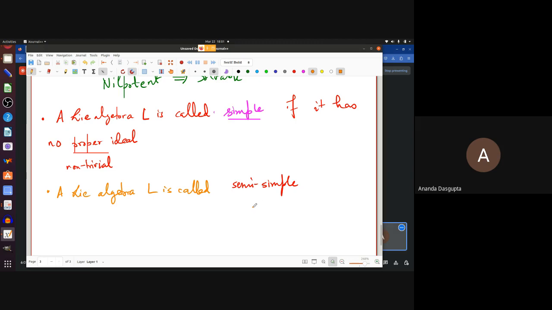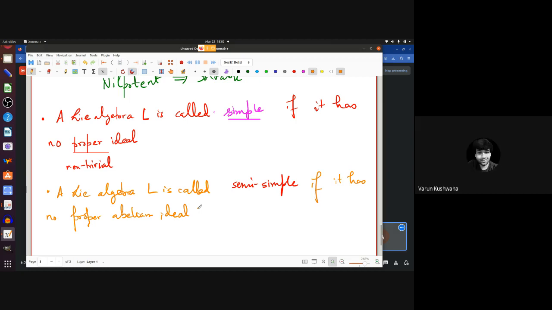If it has no proper abelian ideal. So even if it has a non-trivial ideal, as long as that non-trivial ideal is not abelian, you are still okay. You are semi-simple, if not simple.